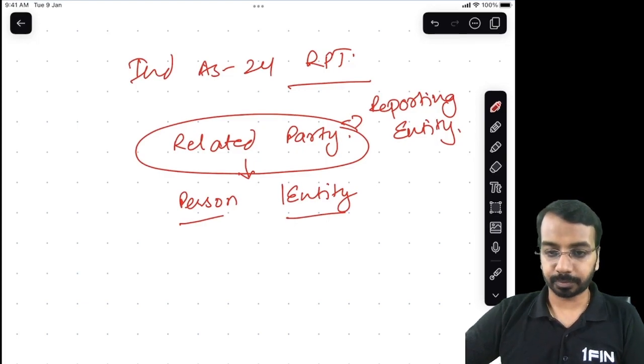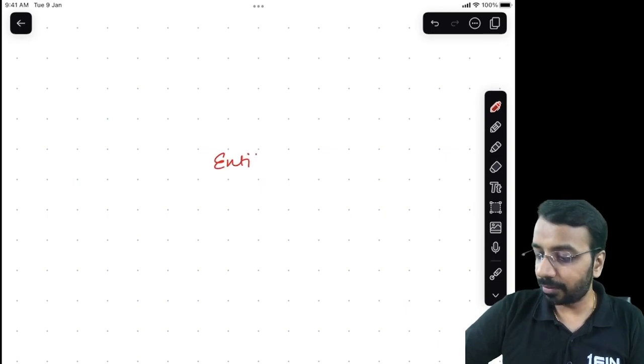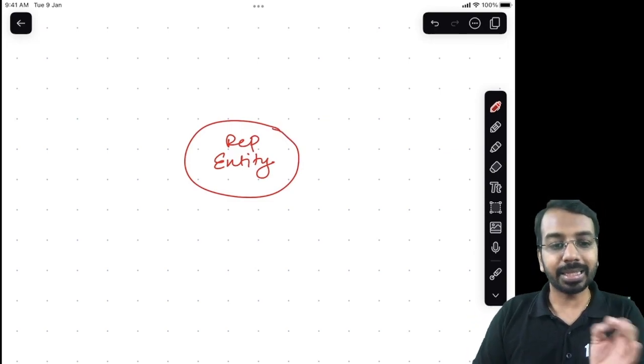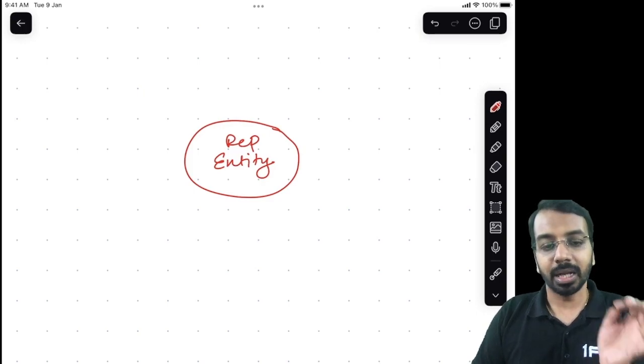Okay, so first at the center you have the entity. This is the reporting entity, meaning the entity that is preparing financial statements.